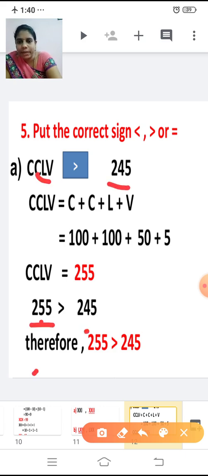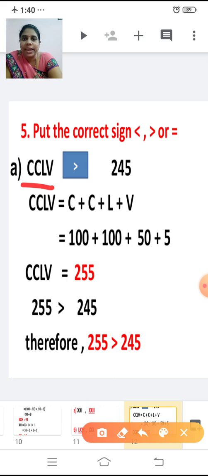Now we are going to compare between 255 and 245. Now tell me which one is bigger? Yes, 255, right? So 255 is greater than 245. So CCLV is greater than 245.